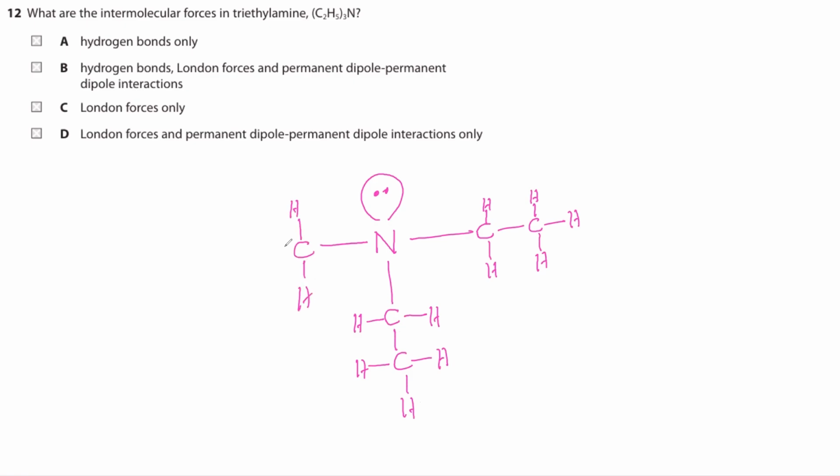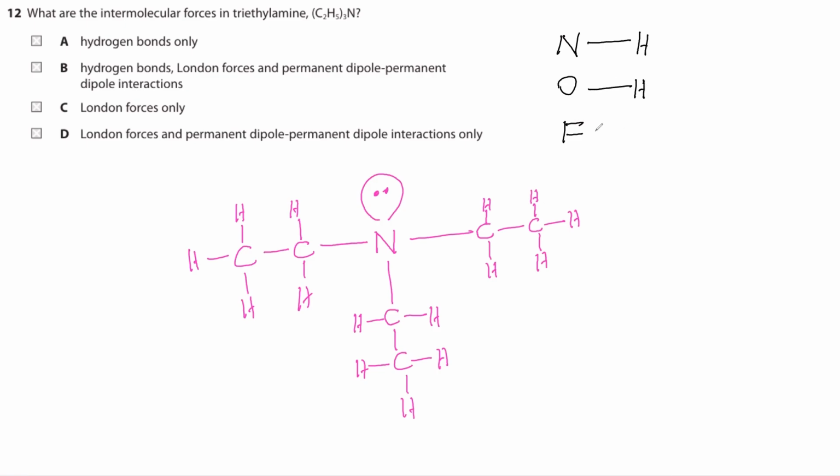According to your syllabus, to have a hydrogen bond, these are the requirements you have to have. You have to have the 3 most electronegative atoms in the periodic table. It's called NOF. NOF means nitrogen, oxygen, and fluorine. And these 3 atoms should directly attach to a hydrogen atom.